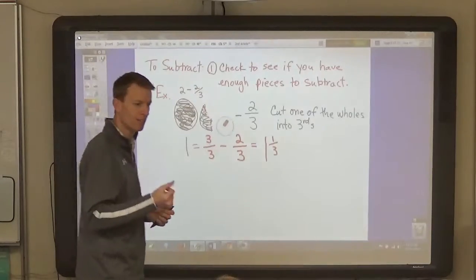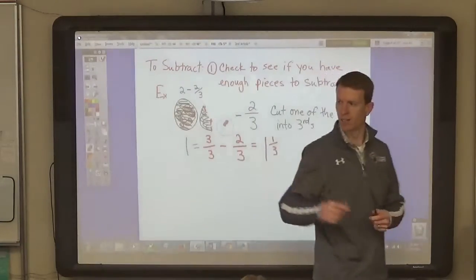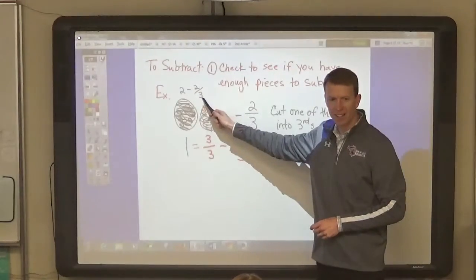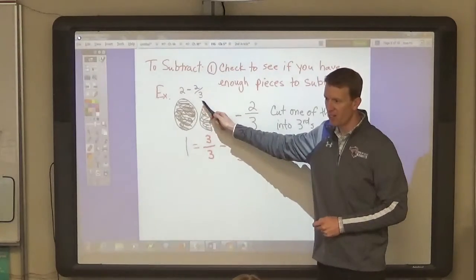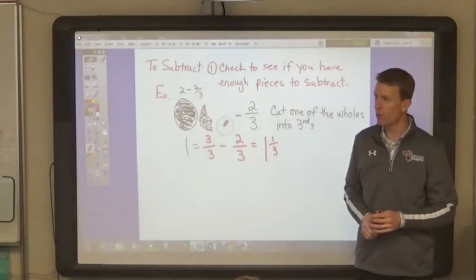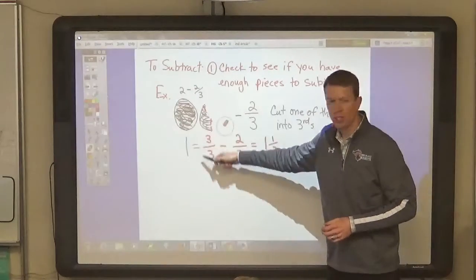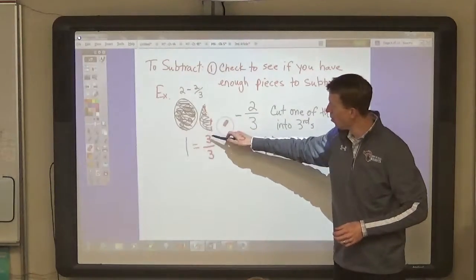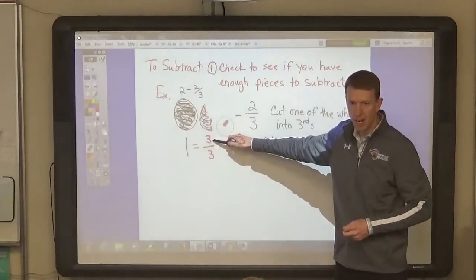Pay attention. Danny? Because the denominator is in thirds, that's the size of the pieces that we need. So that's what we should cut the whole up into. Why did we write the 3 up on the top and the bottom?